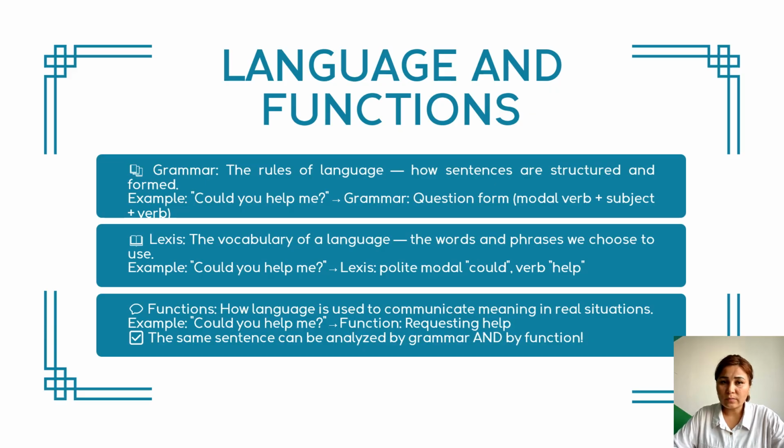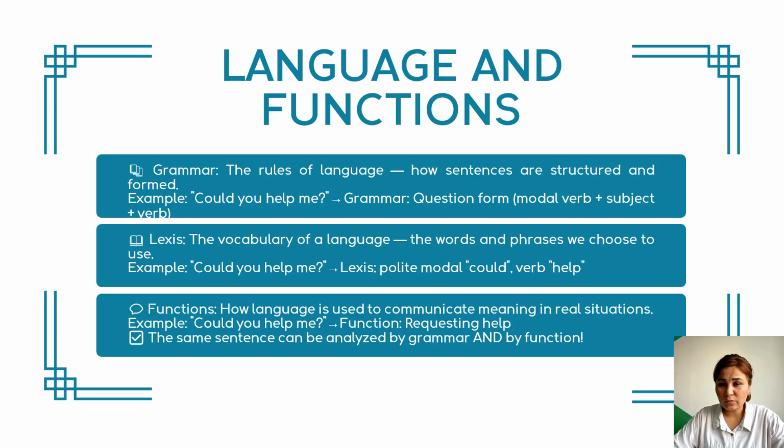Let's show language and function. Grammar: the rules of language, how sentences are structured and formed. "Could you help me?" It is a question formed from the modal verb and subject. According to the Lexis, the vocabulary of language, the words and phrases we choose, for example, "Could you help?"